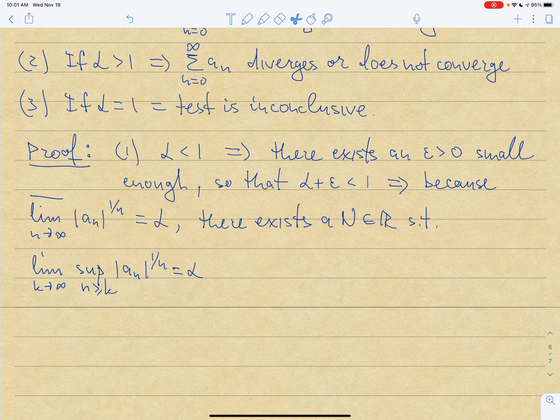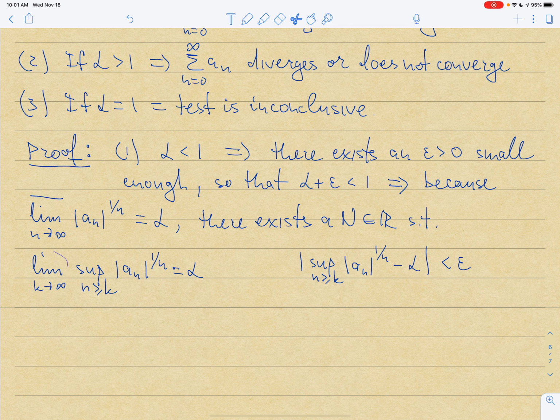there exists a capital N such that if I take the difference between the supremum, n greater or equal than k, of absolute value of a_n to the power 1 over n, minus alpha, this is going to be less than that epsilon that I chose, right? So once again, because lim sup when n goes to infinity of something is equal to alpha, that means that I am taking a supremum of that something when n is greater or equal than k, and then letting k go to infinity.